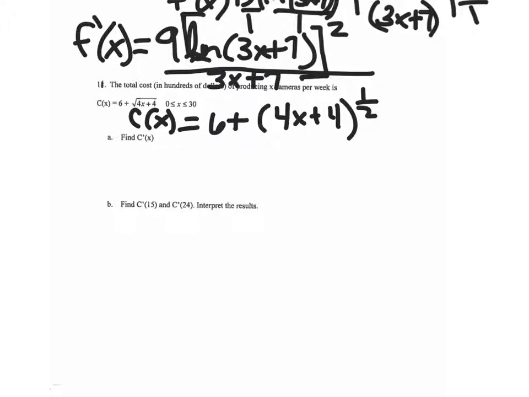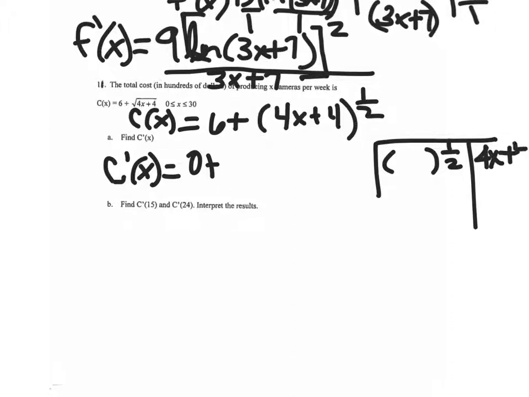Okay, now, can we differentiate? I think so. What is the derivative of 6? It is 0. Okay? Plus, now let's differentiate 4x plus 4 raised to the 1/2 power.